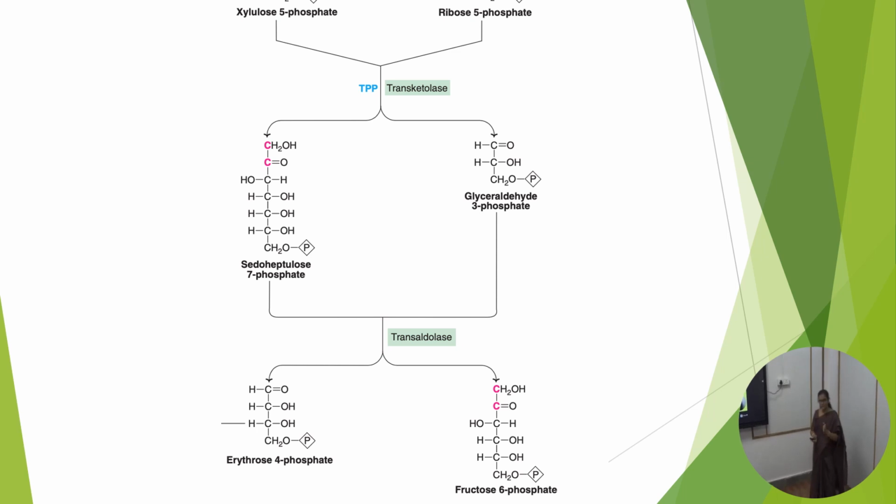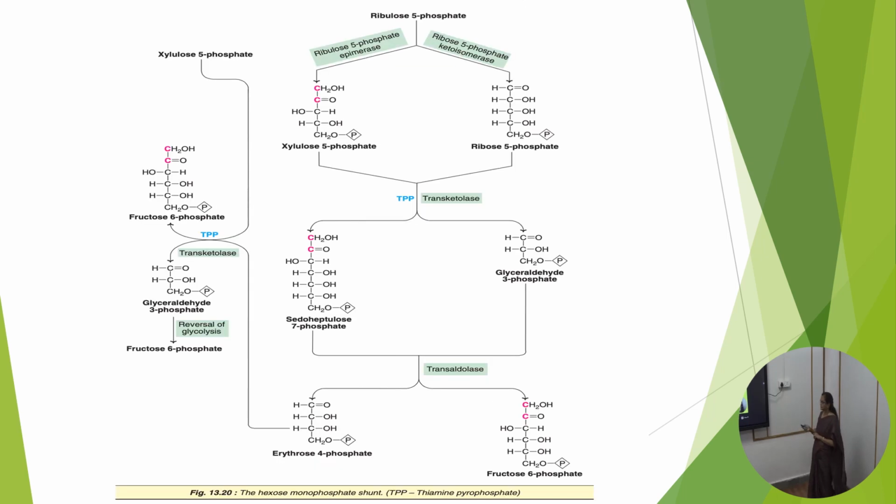When 3 carbons are transferred from sedoheptulose 7-phosphate to glyceraldehyde 3-phosphate, it becomes a 6-carbon compound, that is fructose 6-phosphate. And the remaining 4 carbons of sedoheptulose 7-phosphate is nothing but erythrose 4-phosphate. In that way, in this reaction, erythrose 4-phosphate and fructose 6-phosphate are formed.